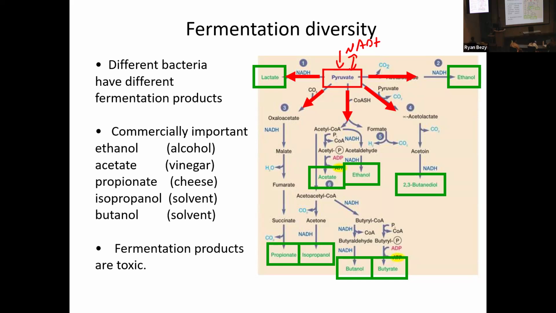That being said, many of the different bacterial fermentation products are commercially important. Ethanol, acetate, propionate, isopropanol, butanol. These are some common fermentation products that are used very commonly. If you guys have ever wondered where a lot of the vinegar you buy from the store comes from, it's bacterial fermentation. They grow giant vats of bacteria, and then they harvest the vinegar, the acetic acid, that's produced as a waste product at the end of fermentation.